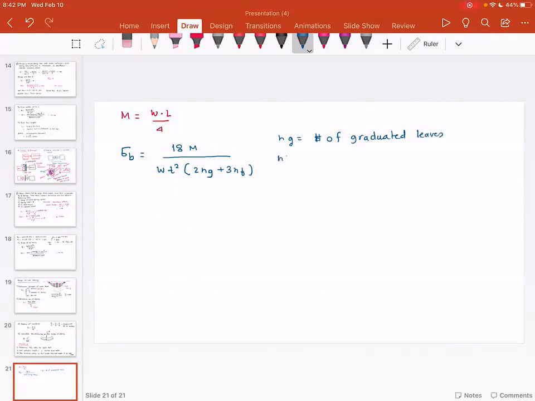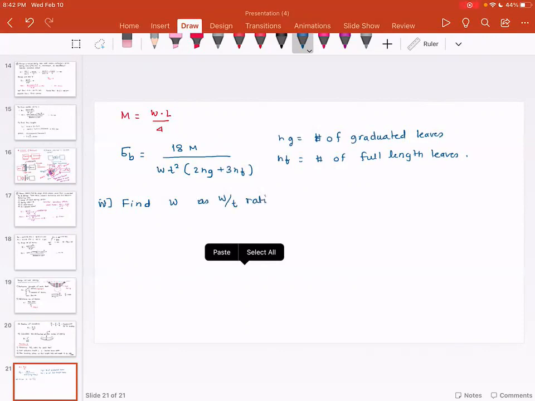And NF is number of full length leaves. And once you do that, the last step is find value of W as W by T ratio is known.